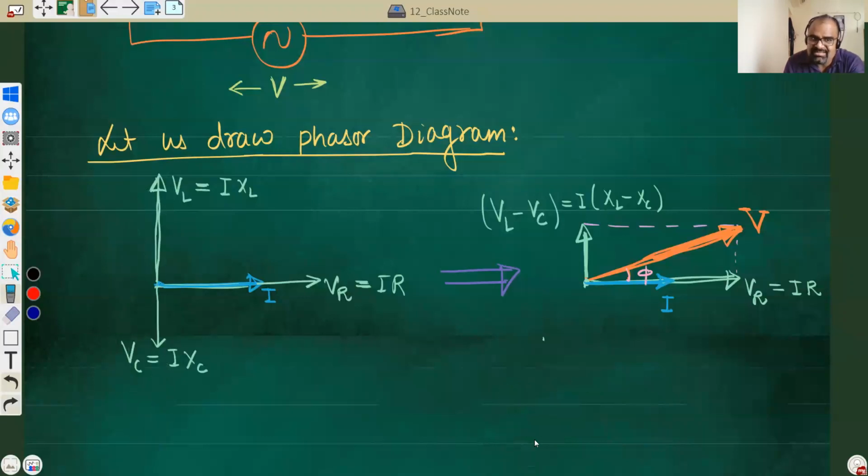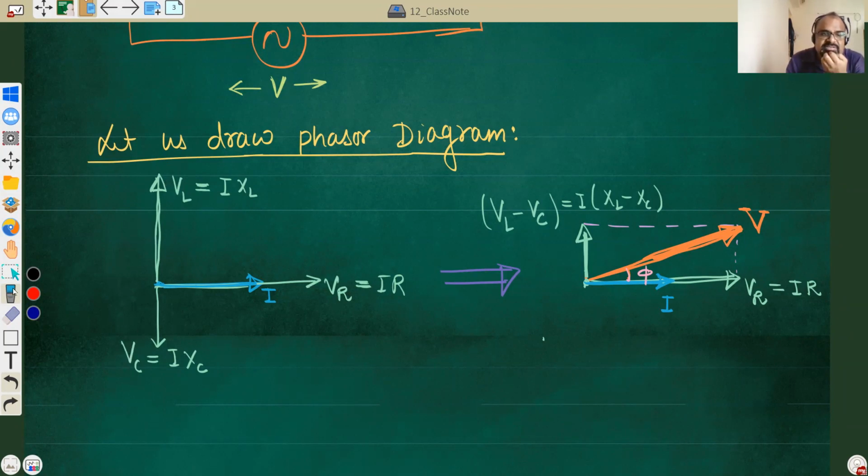So whether voltage is leading or current is leading, it depends on what? It depends on whether VL is greater or VC is greater. If VL is greater, voltage will be above the current. And if VC is greater than VL, then voltage will be below. Now, whether VL is greater or VC is greater, how to decide?